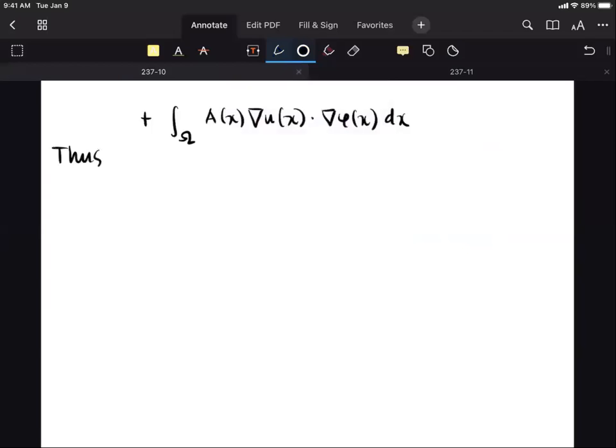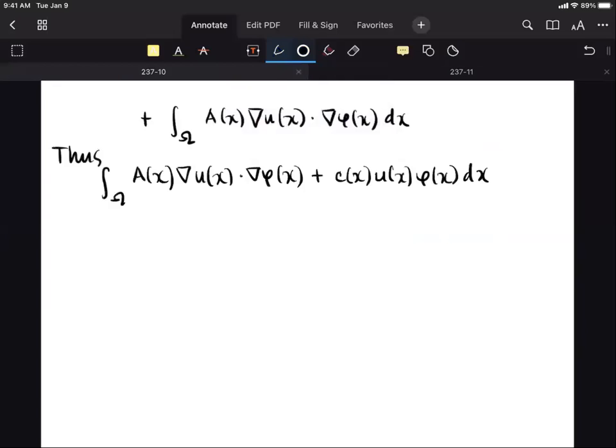So thus, here we have the term obtained from applying the divergence theorem. And here is the other corresponding bilinear term. And then the right-hand side.